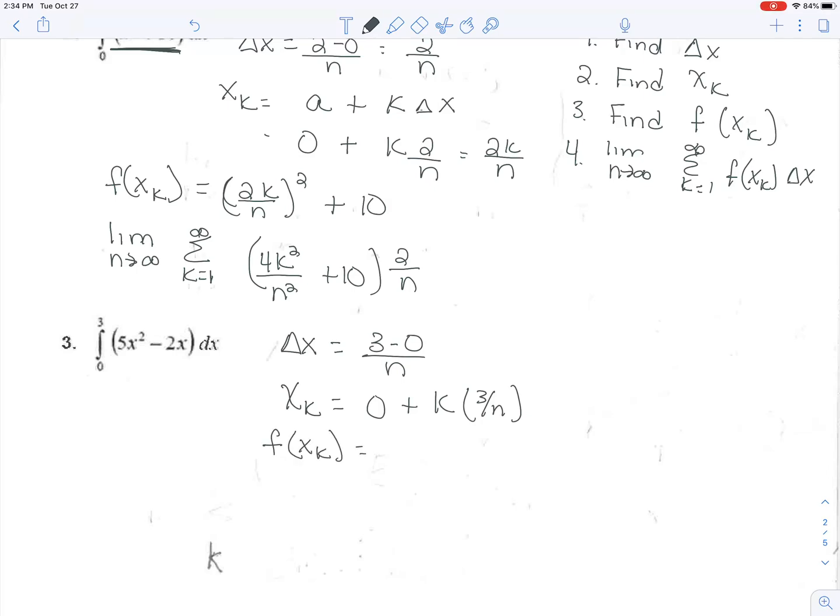And then I have to find f of x_k. So every place I see x, I'm going to replace it with x_k.